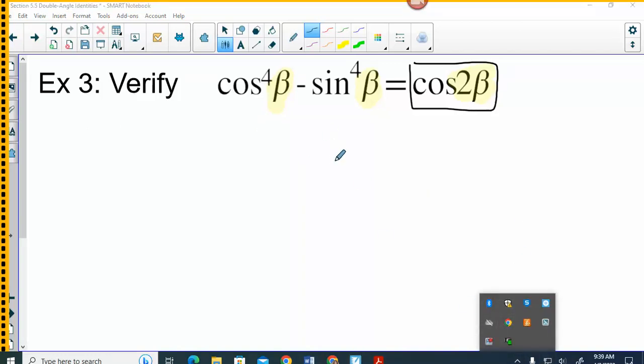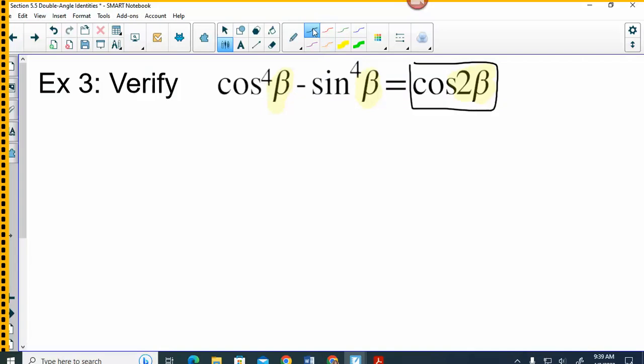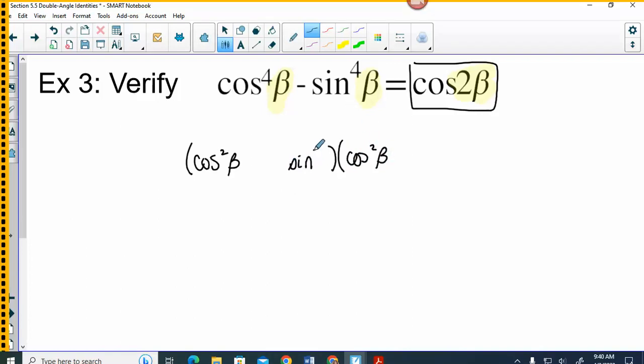So if we are looking at the left here, we see both of these are perfect squares, and we are subtracting them. So we could factor that using a difference of squares. Cosine to the 4th would break into cosine squared. Sine to the 4th would break into sine squared. Difference of squares, one gets a plus and one gets a minus.